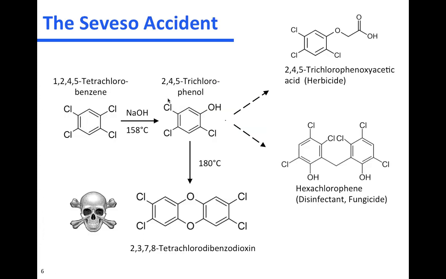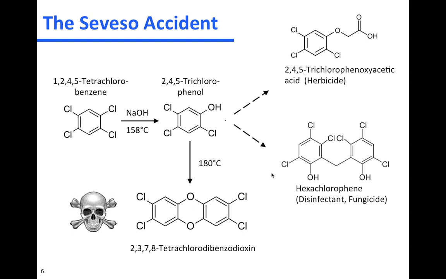So briefly about this Seveso accident. The idea was to use a chemical reaction to generate 2,4,5-trichlorophenol based on a chlorinated benzene, and at a temperature of 158 degrees, that would give you the desired products, in this case a herbicide, 2,4,5-T, and then also hexachlorophene, a disinfectant and fungicide.